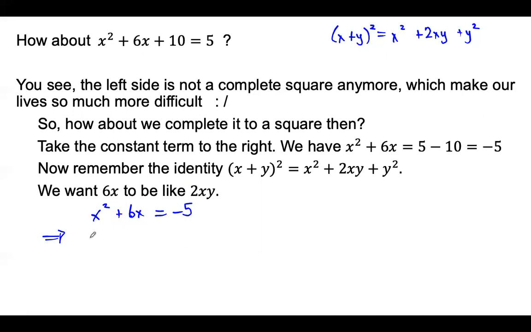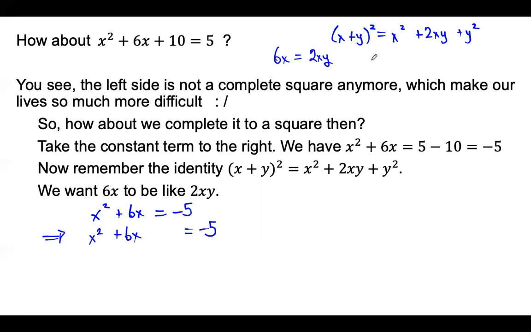So what number do we want there? We want x squared plus 6x plus a number, and we want to add it to both sides. You can see here that we have a 6x, so our 6x is equal to our 2xy in this format.